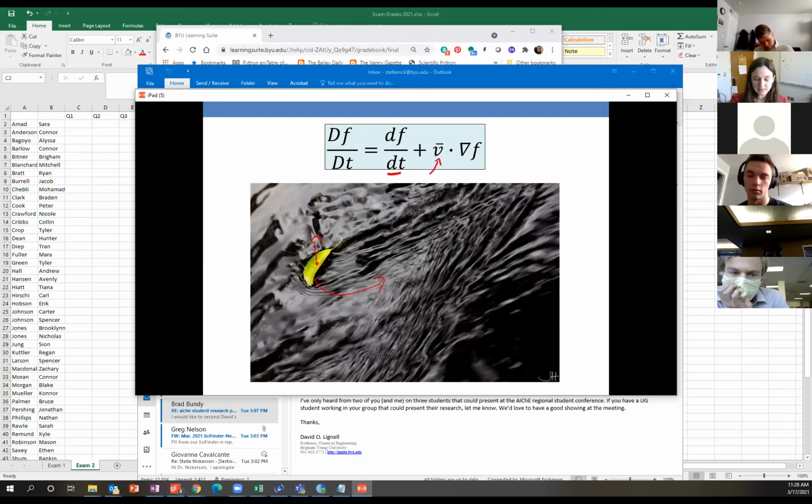The leaf is going to be moving at the velocity of the fluid at that point, so that shows us what direction the leaf is moving. And then del F shows us how F is changing in all the directions. So this shows what direction the leaf is going in, and this shows us how F changes with direction. You dot them together and you get how F is changing for the leaf as it's going in a direction.